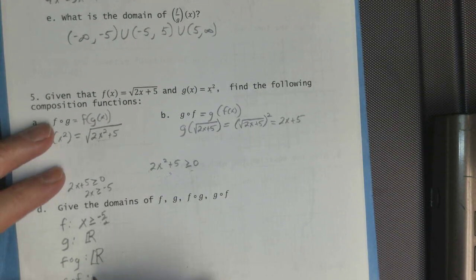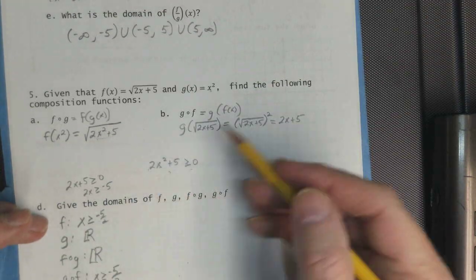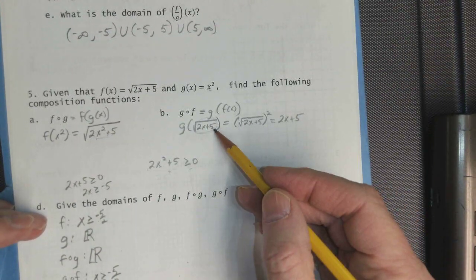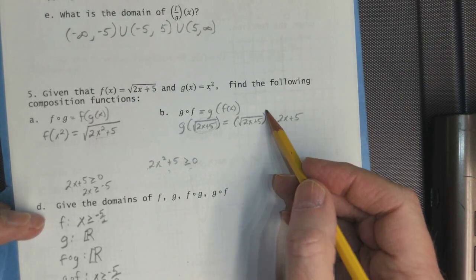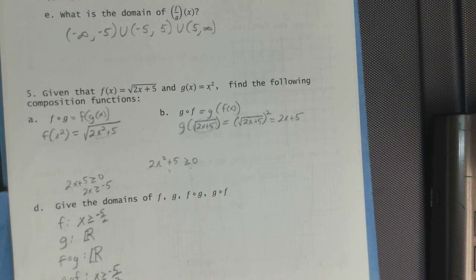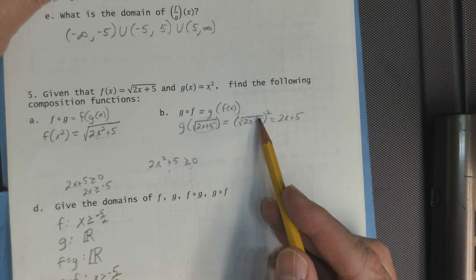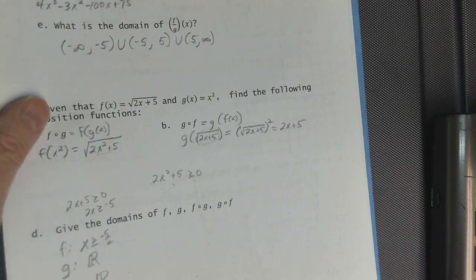You've got to understand that the inner part, you have to honor its domain, and then you may have to make it smaller, but the square is not going to make it smaller. So make sure you start with the inner part and then see if it needs to be made smaller once the composition is made.